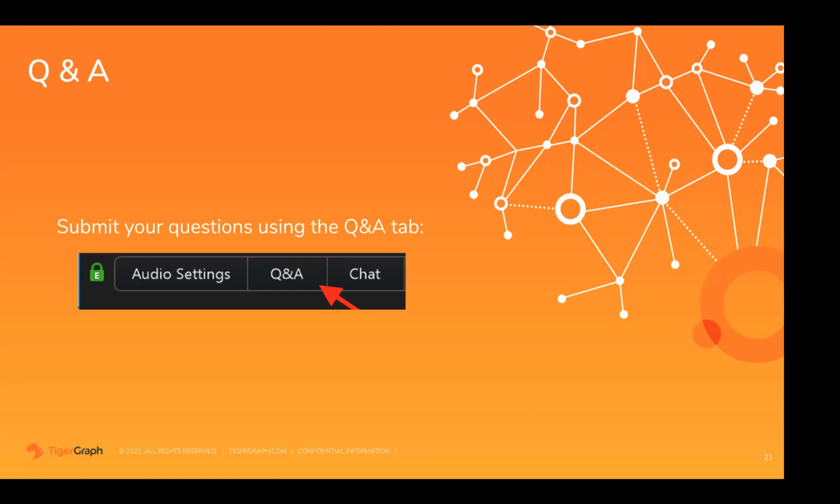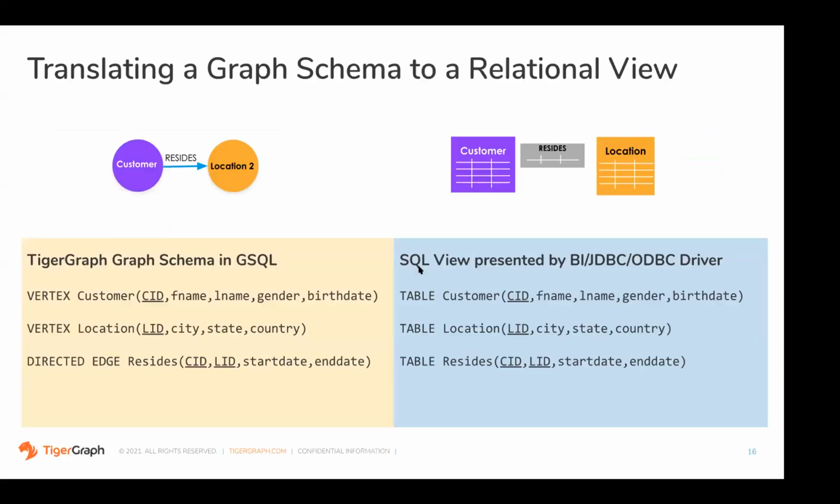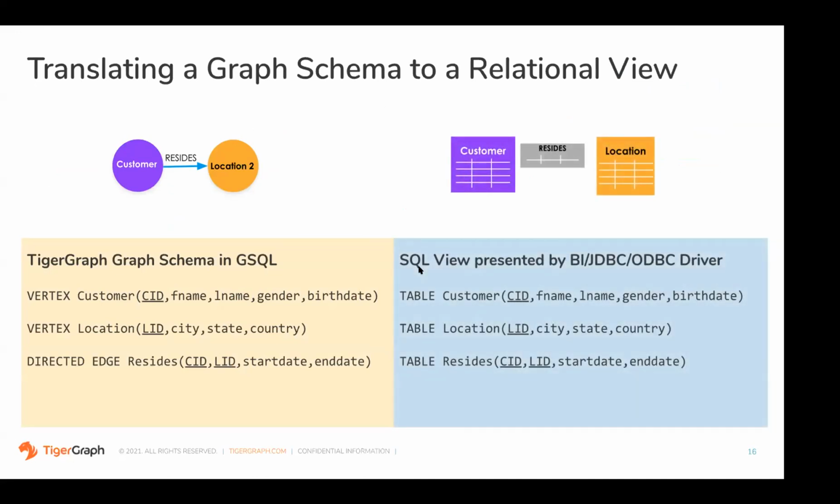There was another question in the Q&A. How are edges different from foreign keys in a relational database? I want to go back in the slides to this. I'm not sure if this is the best demonstration.